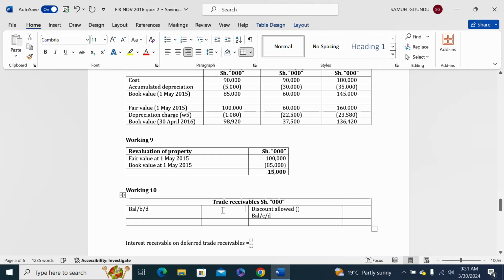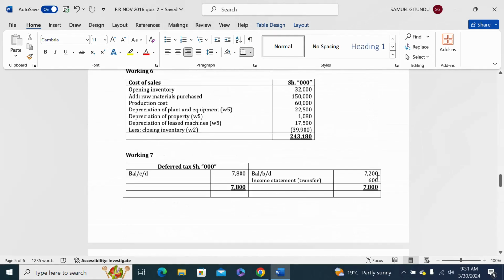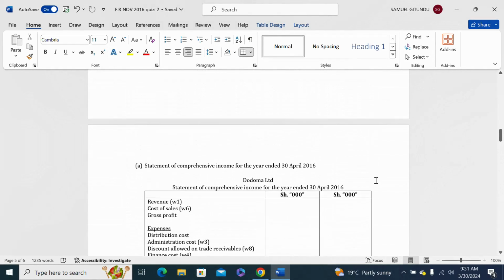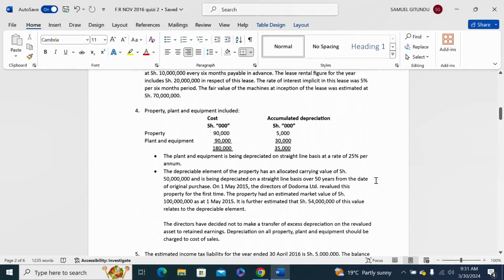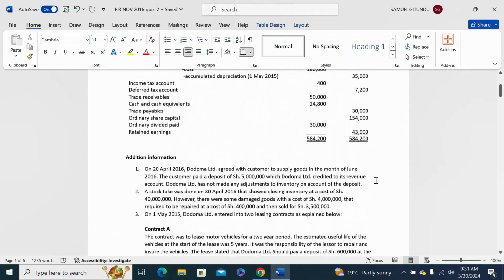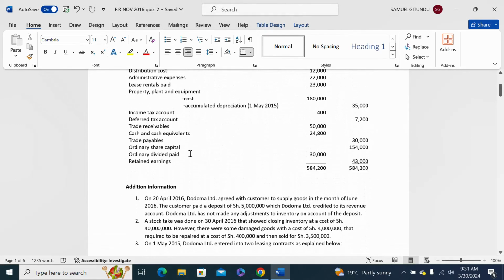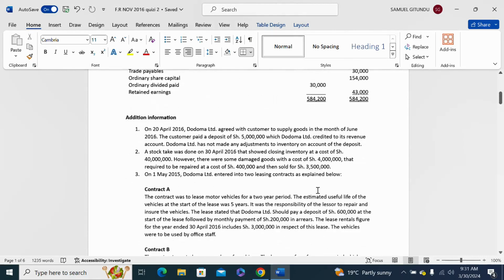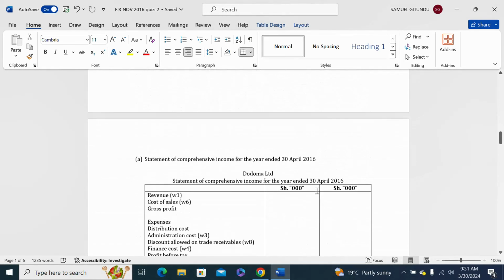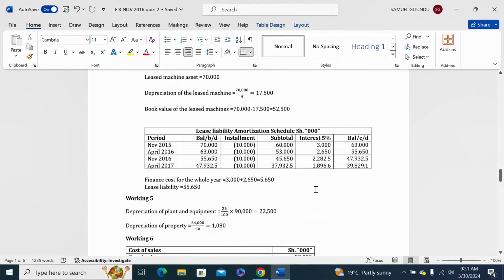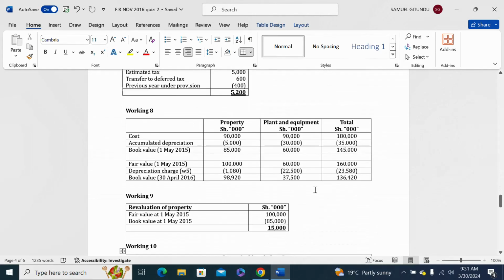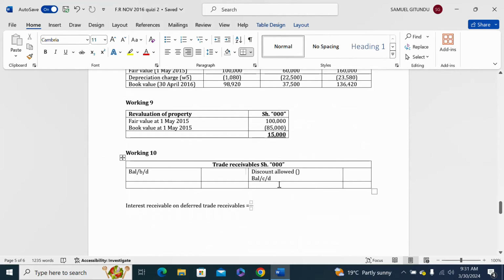Then we have the trade receivable. As per the trial balance, the trade receivable is 50 million.